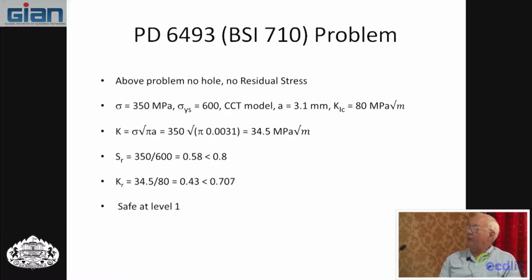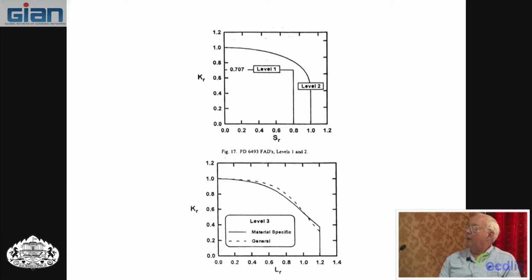So the stress ratio SR is 350 over 600, which is 0.58. The K ratio is 34.5 over 80, which is 0.43. Here is this. This is level 1. You have to be less than 0.707 and less than 0.8.